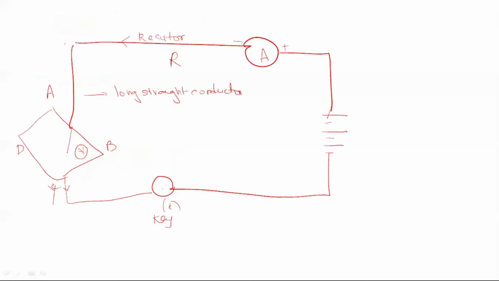Within the loop, he kept a compass in the ABCD magnetic paper. When the key is closed, the current flows from positive to ammeter, ammeter to resistor, resistor to X, and goes to the center point of the magnetic paper ABCD.